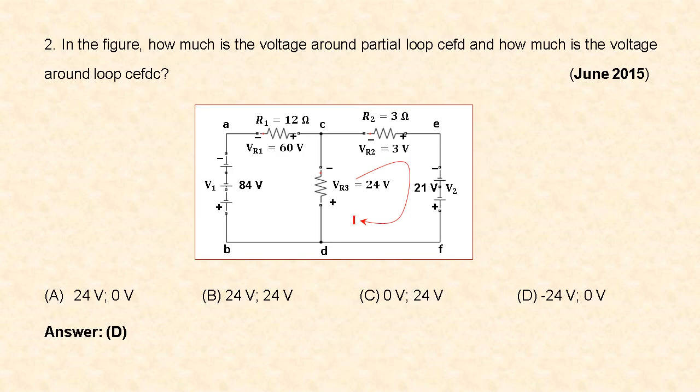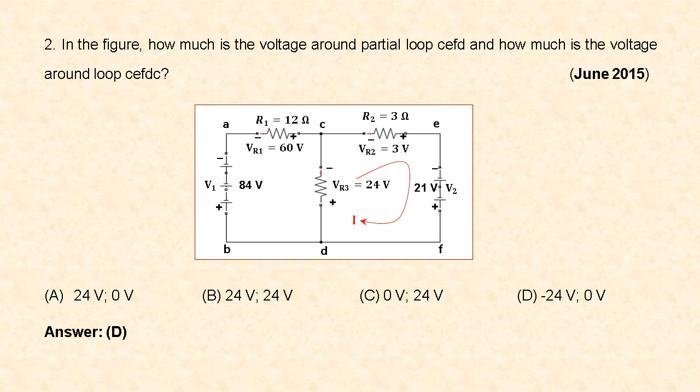Second question. In the figure, how much is the voltage around partial loop CEFD and how much is the voltage around loop CEFDC? This question was asked in June 2015. In the circuit given, there are two voltage sources. V1 is equal to 84 volt and V2 is equal to 21 volt.